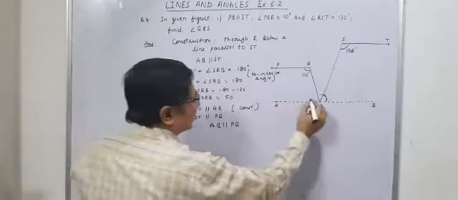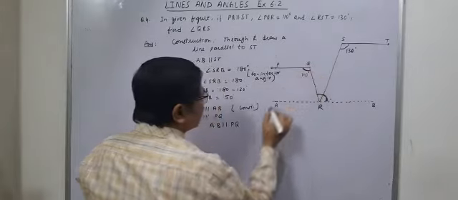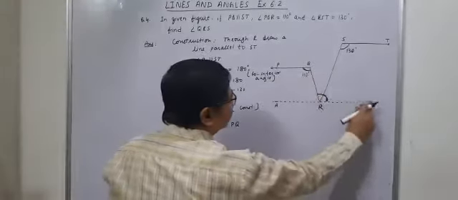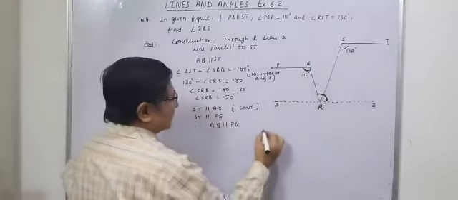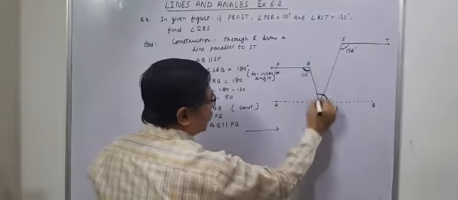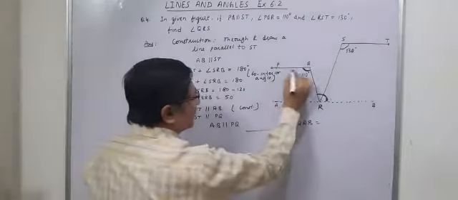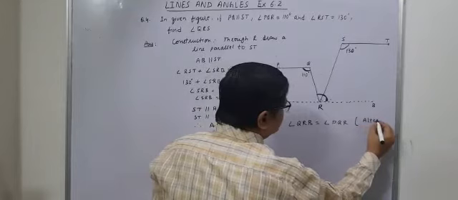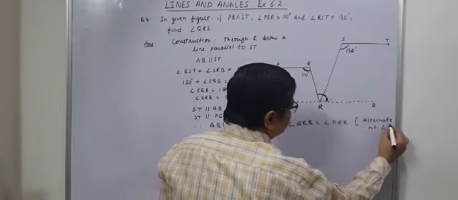Now we can see this whole angle and this angle are forming alternate interior angles. You can see this Z formation; this and this angle are alternate interior angles. So I will write here: angle QRB is equal to PQR, alternate interior angles.